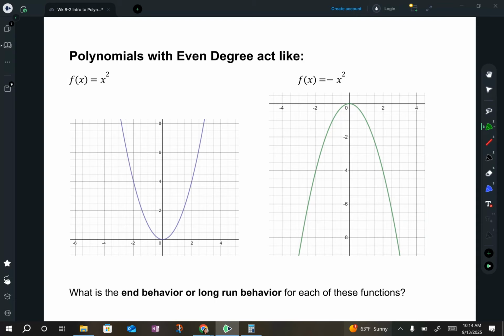So what that means is they're going to go up to the left and up to the right if they have a positive leading coefficient, and if they have a negative leading coefficient, they're going to go down to the left and down to the right.